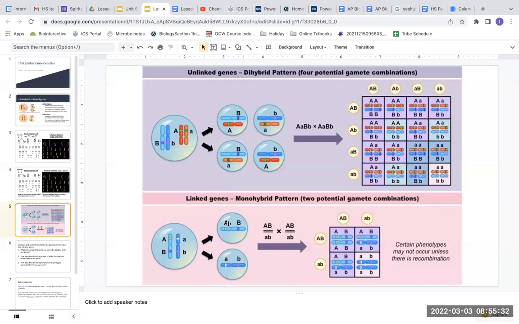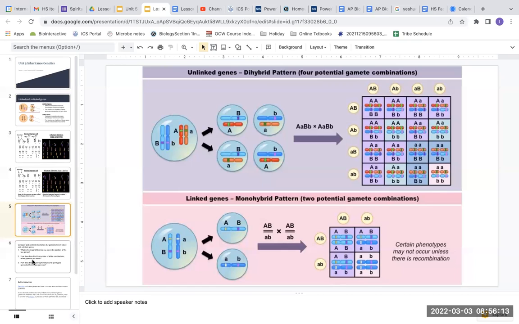So you end up with only two combinations of alleles in your gametes. The eggs and the sperms produced from the cell have only two variations. Therefore, your Punnett square, instead of a dihybrid cross, is going to be the simple version, because in total there will only be two types of gametes available from each parent. So your Punnett square would look like this.